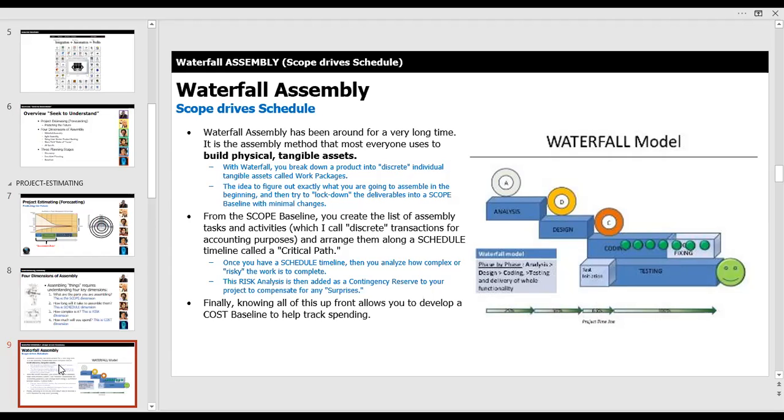And then what you do is you assign due dates to each of those, and then that lays out a schedule for you.